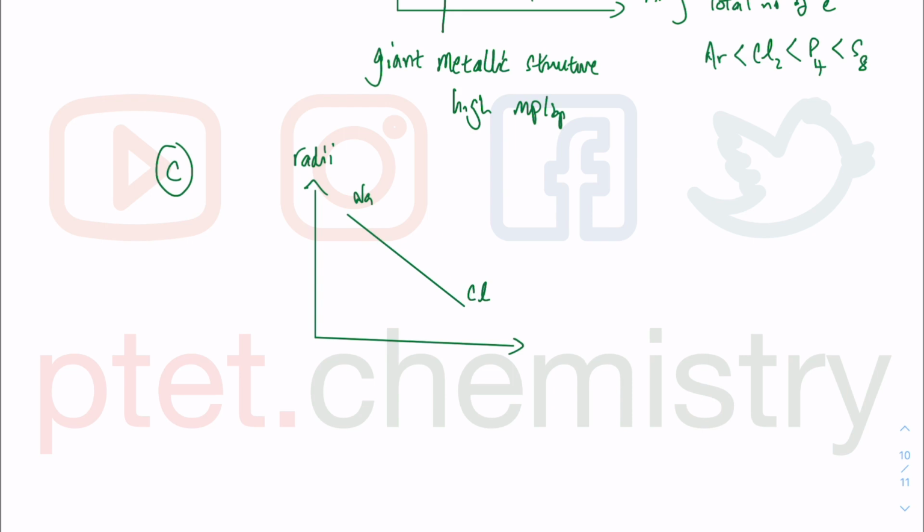In terms of ionic radii, they're going to follow this particular trend where the anion is bigger than the atom, but the cation is smaller than the atom.